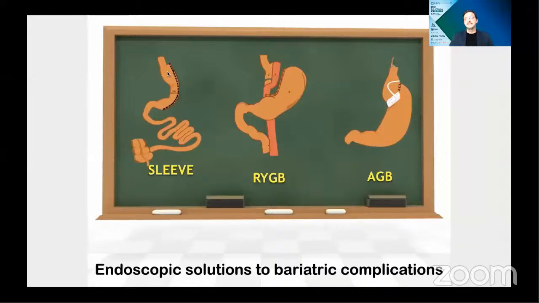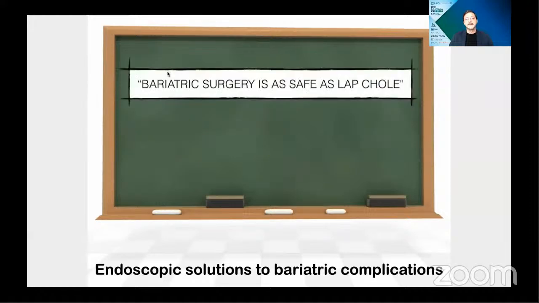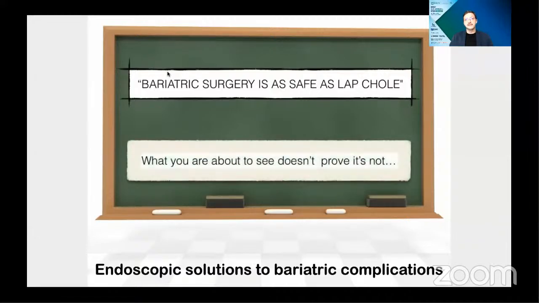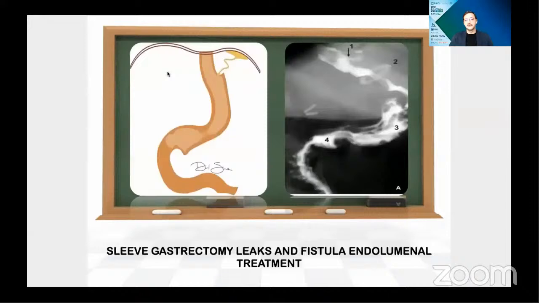Pretty much the bariatric endoscopy has developed to help the surgeons in a very broad way. And I always wanted to start my presentation saying the bariatric surgery is as safe as a lap chole, and nothing that you're going to see from now on will contradict it. So the number of complications are low, but they exist, and we try to help by endoscopy.